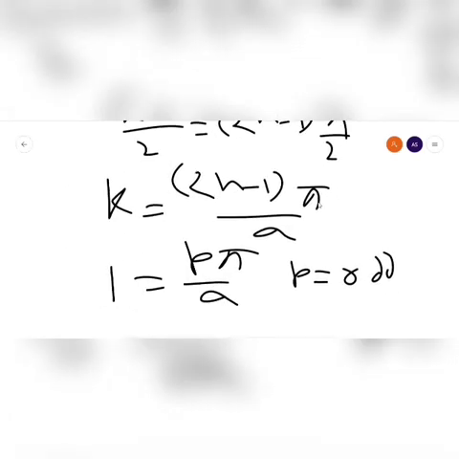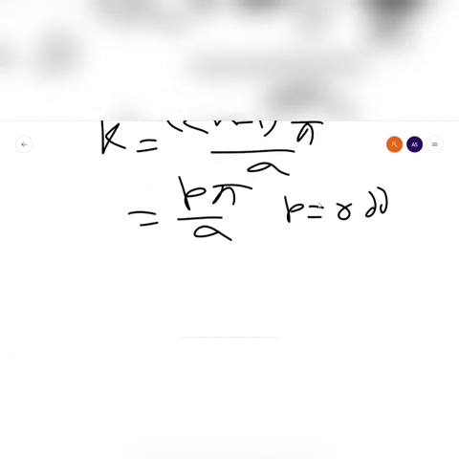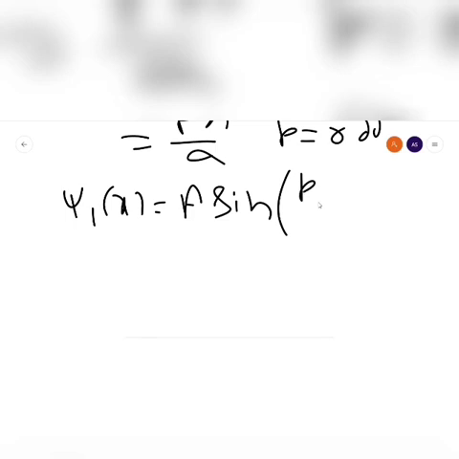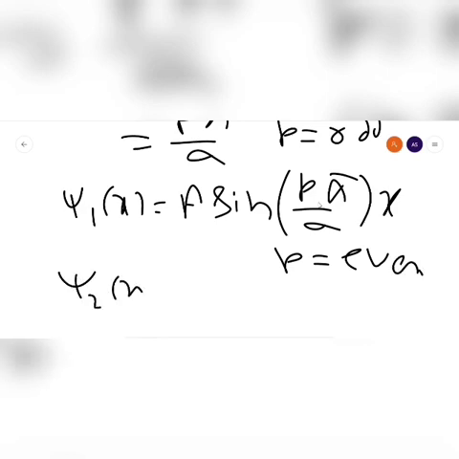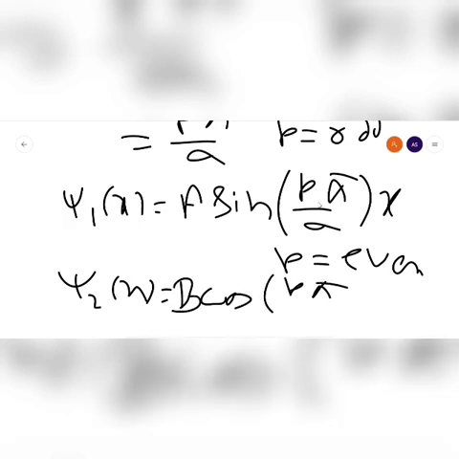Now we can write: when p is even, the function psi1 of x is A sin p pi by a into x, or when p is odd, psi2 of x is B cos p pi by a into x.